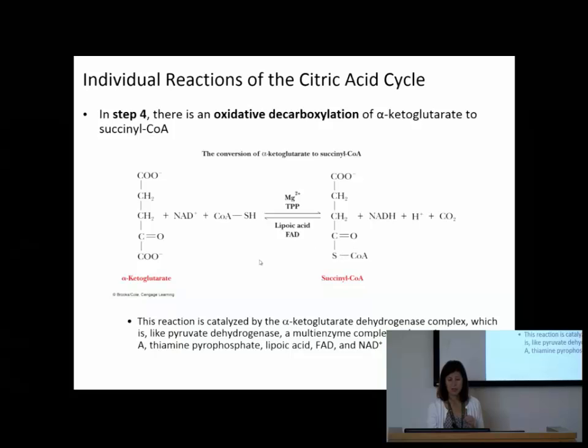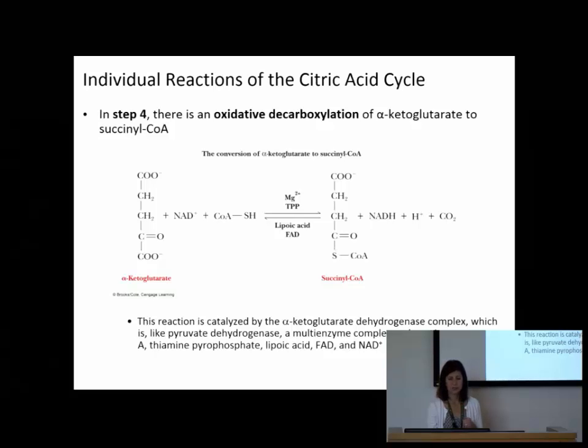There's another oxidative decarboxylation, so we're going to reduce NAD plus, because this is an oxidation. The coenzyme A had hydrogen on it, now it's bound to something else, right? So NADH. Remember what I said about thioester bonds? Are they low or high energy? High energy, all right? So we're going to use that energy in the next step.